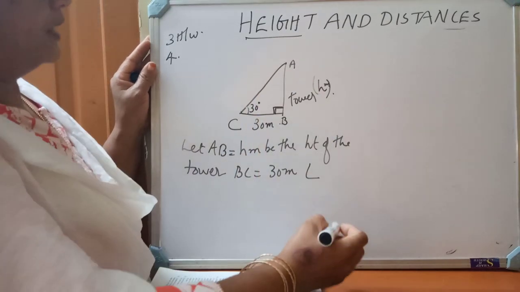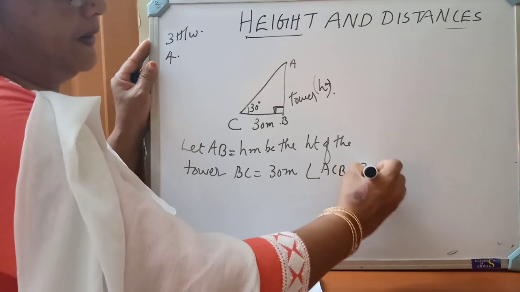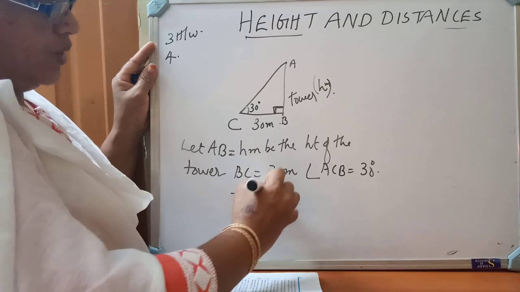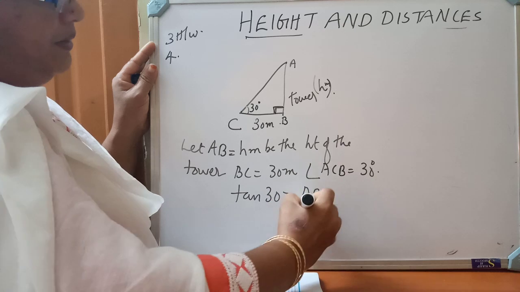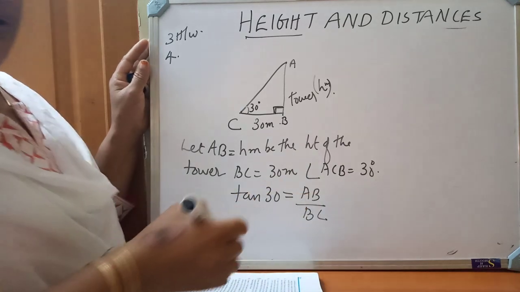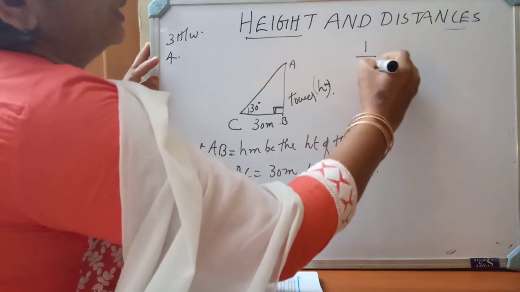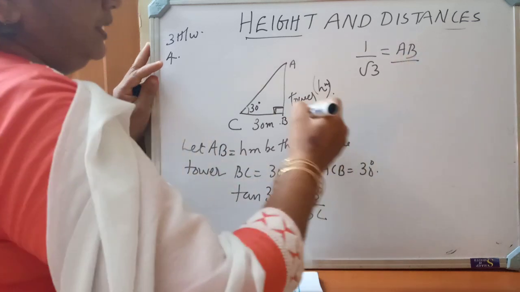Angle ACB equal to 30 degree. Tan 30 is equal to AB divided by BC. What is the value of tan 30? 1 by root 3. So 1 by root 3 is equal to AB by BC, 30.